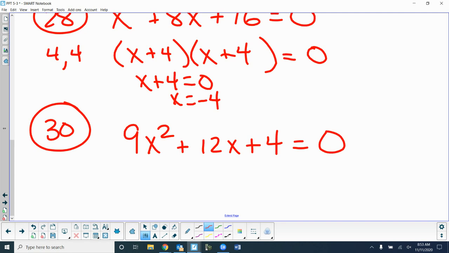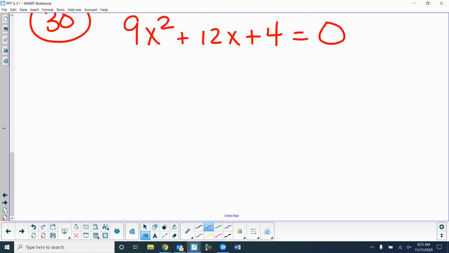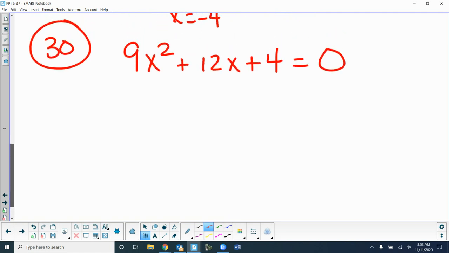Is it a perfect square trinomial? Are these both positive, perfect squares? Yeah, it is. So I do my little side test.